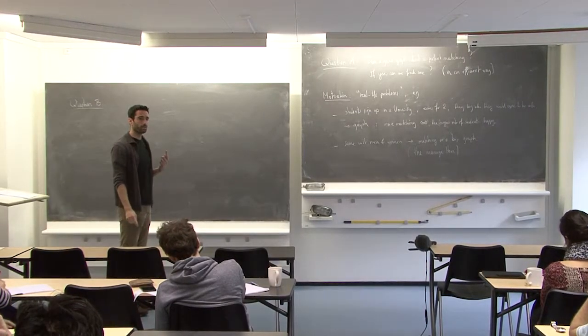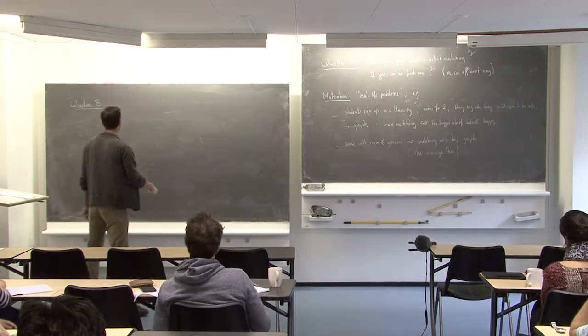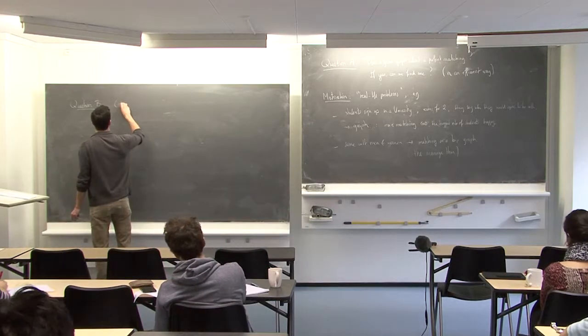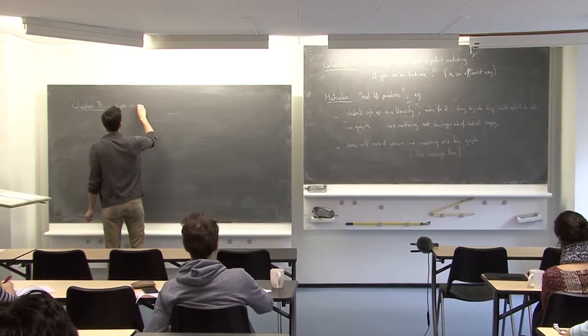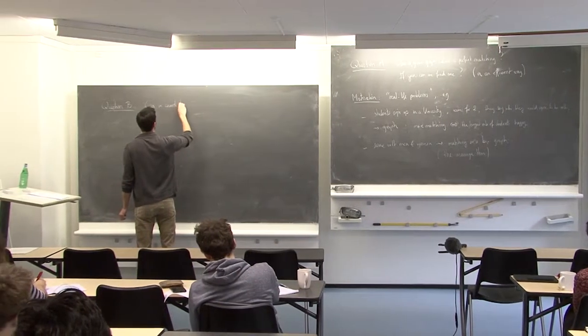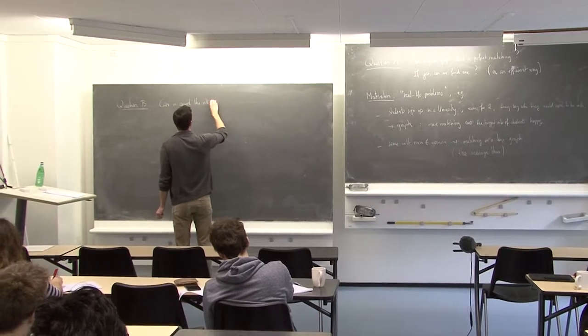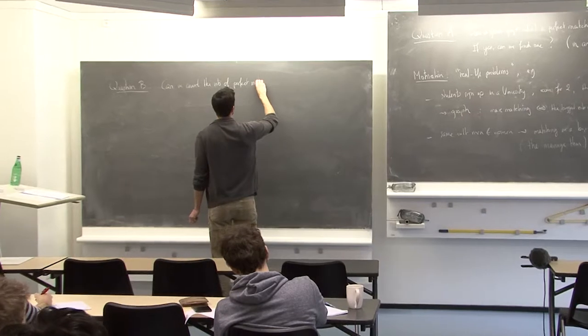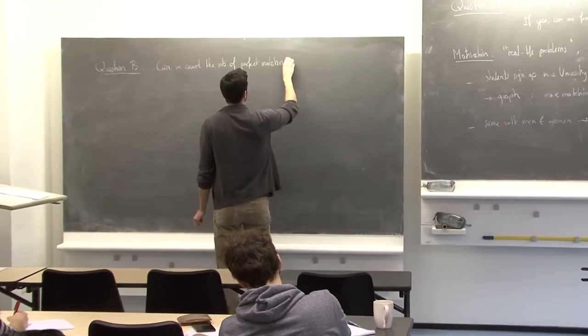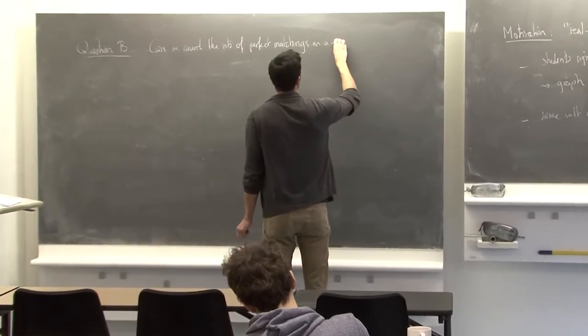Can you actually count the number of perfect matchings on a graph? Can we count the number of perfect matchings on a given graph?